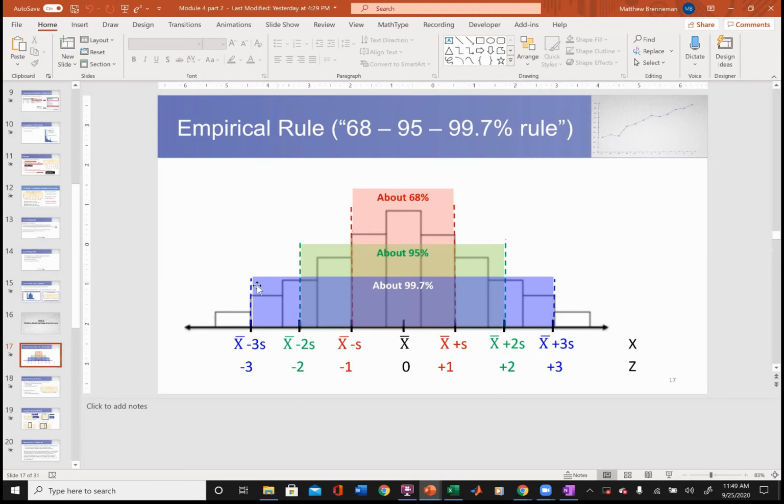So remember that 99.7% of the values are within 3 standard deviations of the mean. So it wouldn't be unusual to find a value 3 standard deviations from the mean, because 99.7% of the population is there. However, it would be unusual to find a data value more than 3 standard deviations, because there's only a 0.3% chance, right?